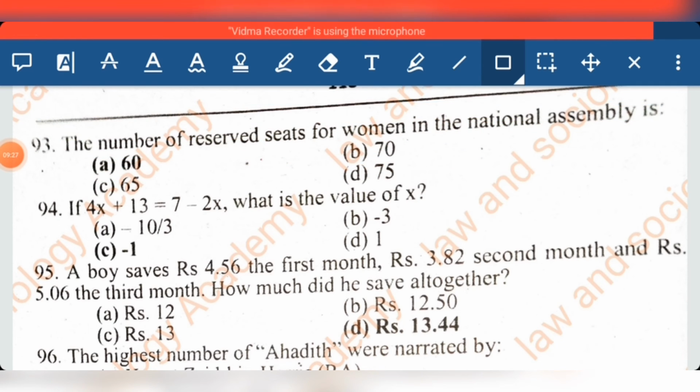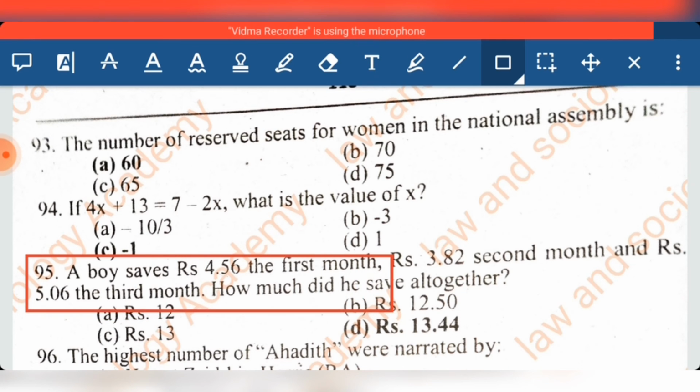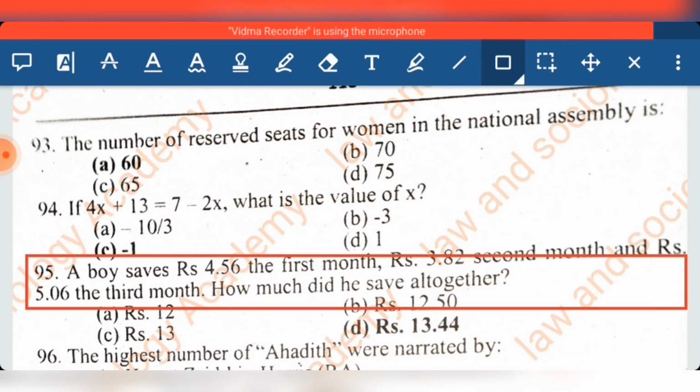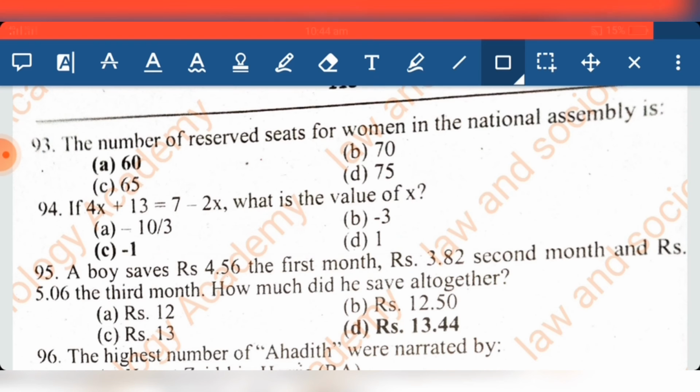We have done this. And a boy saves Rs 4.56 the first month, Rs 3.82 the second month, and Rs 5.06 in the third month. How much did he save altogether? 13.44 is its answer.